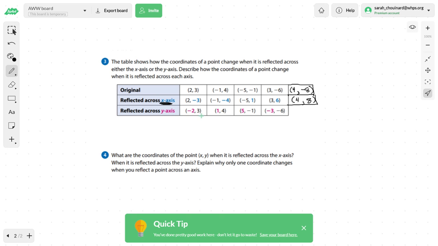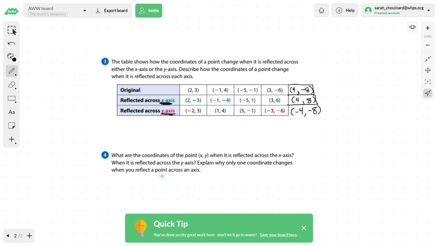If we look at the y-axis reflections, 2 became negative, 3 stayed the same. Negative 1 became positive, 4 stayed the same because it's a y-axis reflection, so y is staying the same. Negative 5 became positive 5, negative 1 stayed the same. 3 became negative 3, negative 6 stayed the same. So if we're using 4, comma, negative 8, this time y stays the same, x becomes opposite, so the new coordinate is negative 4, negative 8.